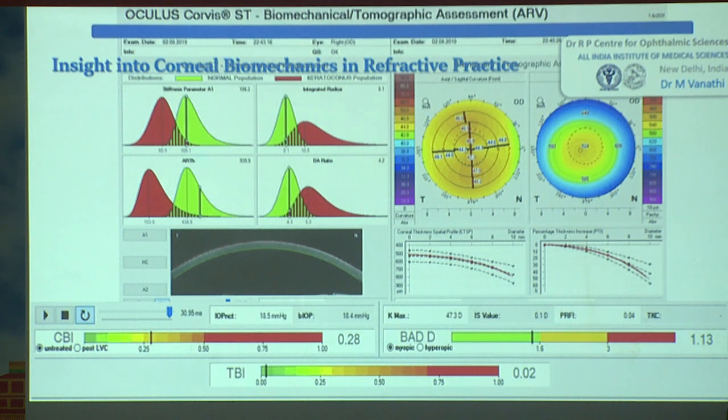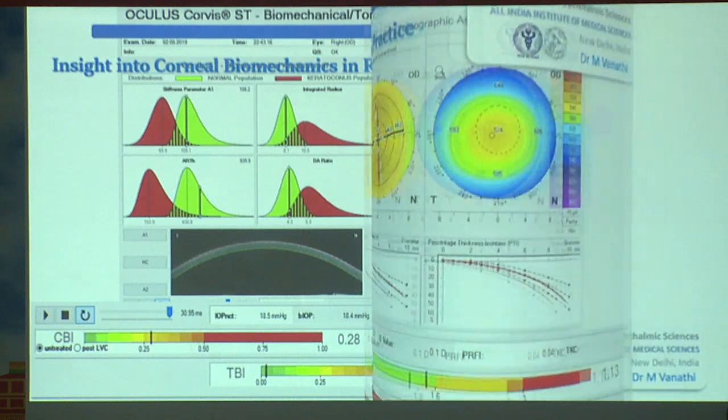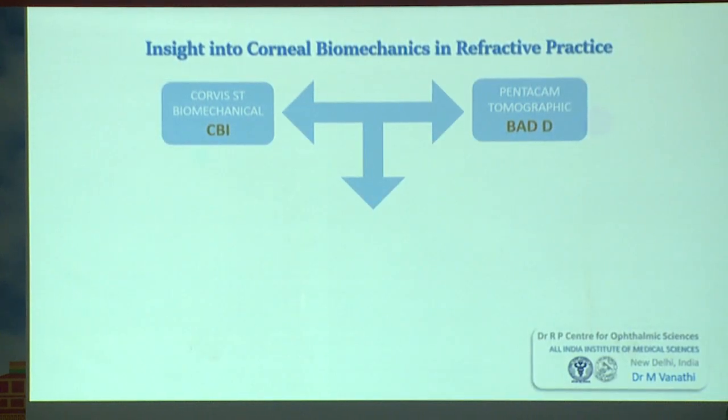Again, a word of caution, most of this data, this artificial intelligence, was based on Caucasian eyes. It's still not data which was extrapolated to Asian Indian eyes here. So I do take it with a pinch of salt. And when I do have a suspicious pickup on these, I correlate it with the topography pattern, look at the stability of the indices over two consecutive reports done 3 to 6 months apart, and explain these to the patients before we take them onto a refractive procedure.